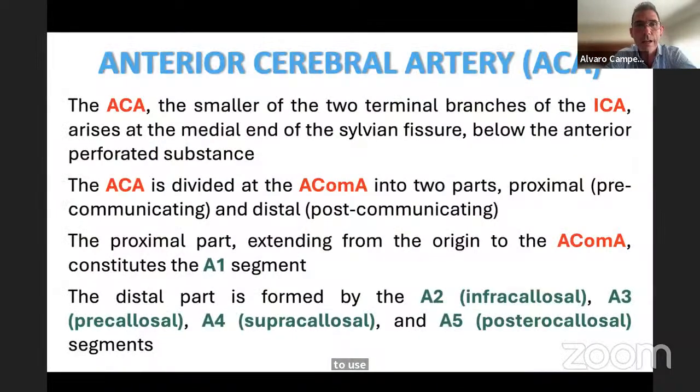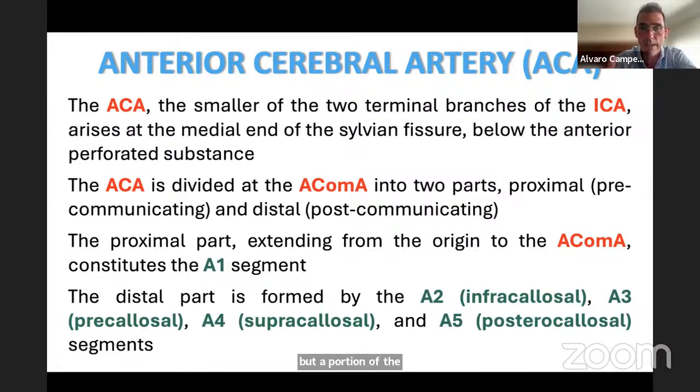So the anterior cerebral artery is the smaller of the two terminal branches of the internal carotid artery and arises at the medial end of the sylvian fissure below the anterior perforated substance. And the anterior cerebral artery is divided at the level of the anterior communicating artery into two parts, the pre-communicating and the post-communicating portion of the anterior cerebral artery.